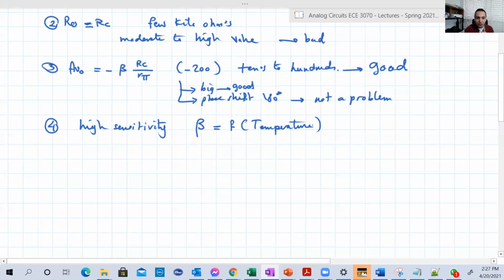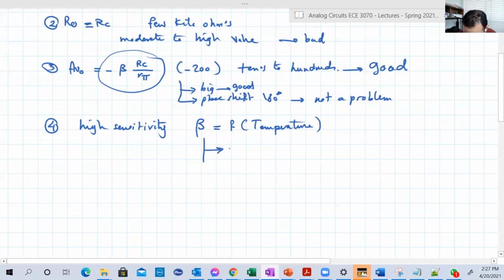This will move basically the Q point, and also it will change or make the gain unstable, because look at the gain here. The gain is dependent on beta. If beta increases, AV will increase. If beta decreases, AV will decrease. So this has two problems, not just one.